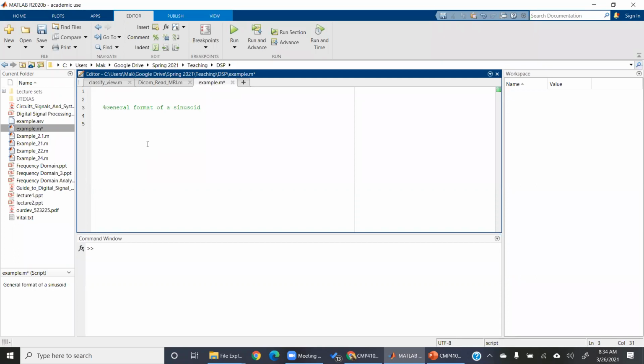So if you see me write x[n], that means that's a discrete signal. It has already been sampled.